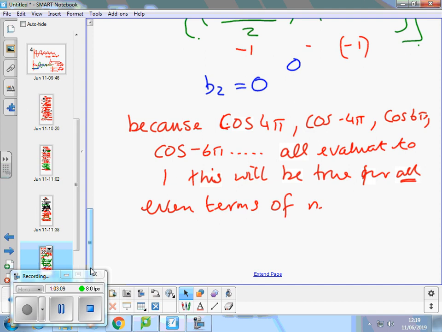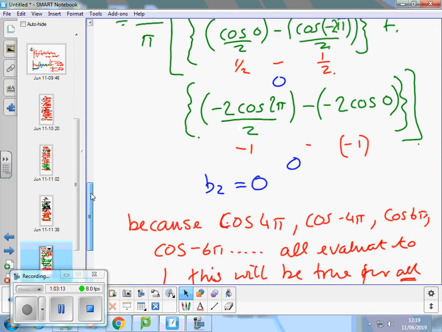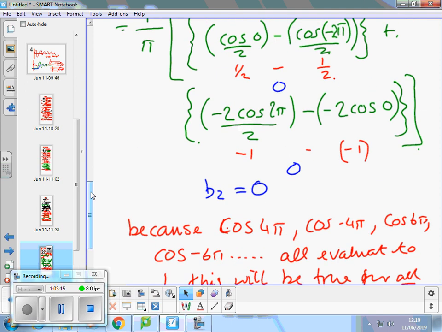So they'll all be like this: 1 over 4, 1 over 6 for the 6, 1 over 8, 1 over 10. Whichever even n term you pick, they're going to cancel out.